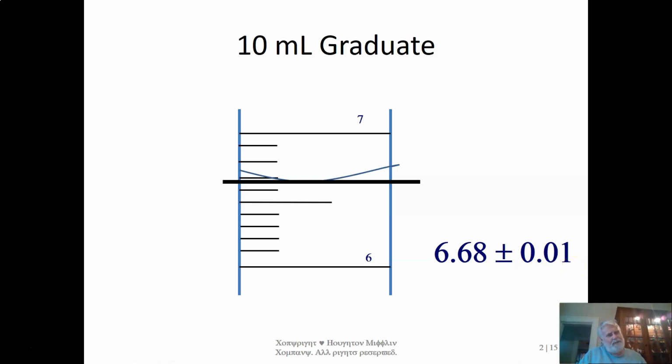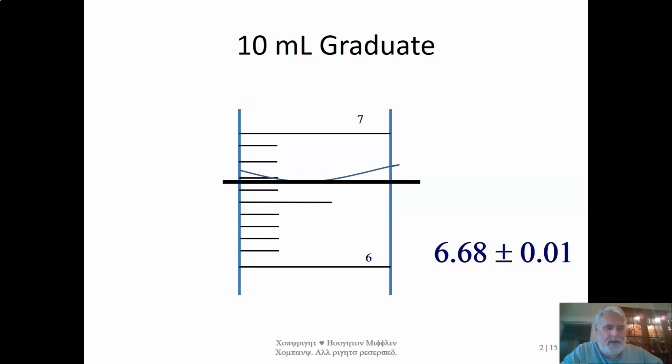So 6.69, yeah, 6.67, but outside of that range, you're getting to be a pretty bad guesser. Because if you guessed 6.7, for instance, that's only 2 hundredths off. That would be a bad guess.